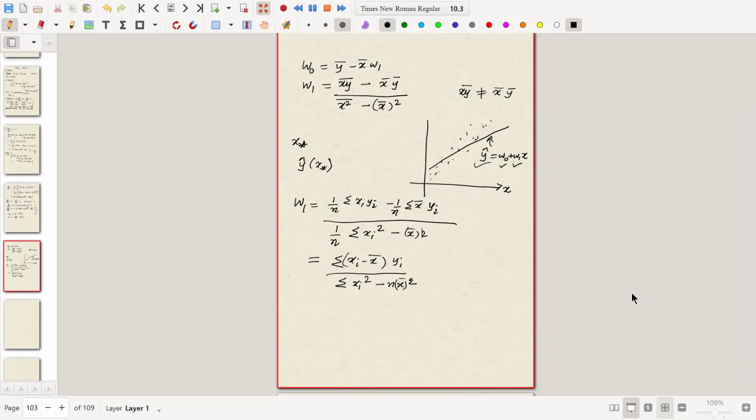Now, if I write the same quantity as follows. This is the trick part.